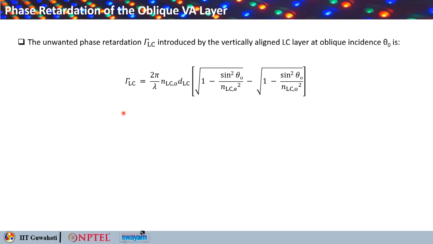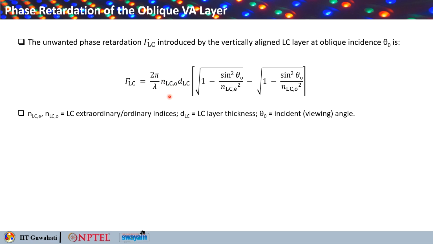Now what you see here is that the ordinary and the extraordinary refractive index values come in, and then this is the thickness of the liquid crystal layer, and θ0 is the incident angle, the viewing angle.